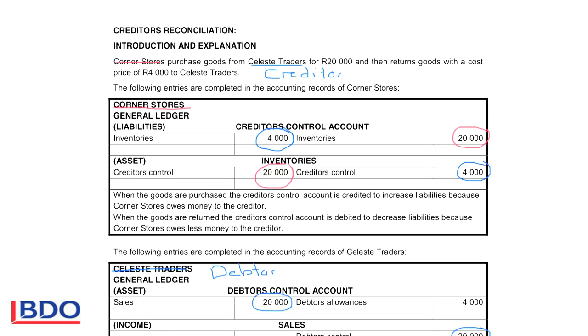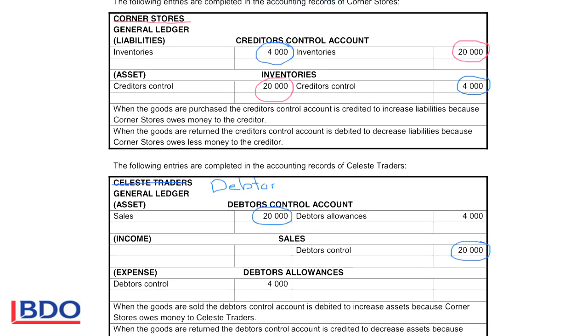If we go over to the books of Celeste Traders, we will see that when the goods are returned, the debtors control will be credited because they have to indicate now that the debtors owe less money.